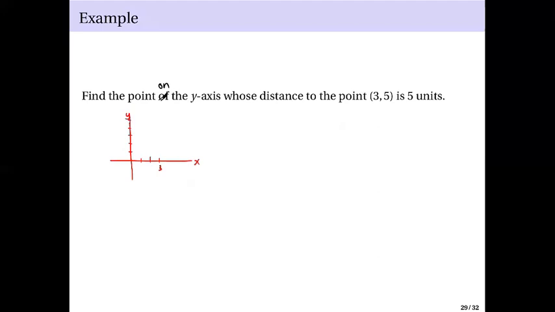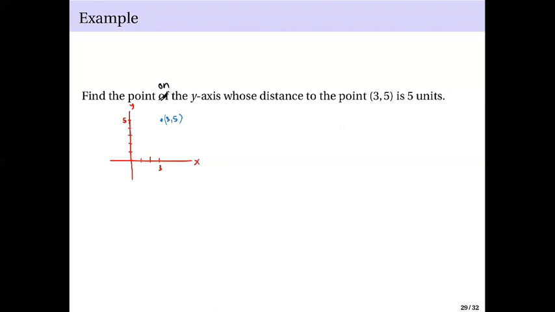So this is your (3, 5). And then you want to find a point on the y-axis whose distance from this point to that point on the y-axis is 5 units.